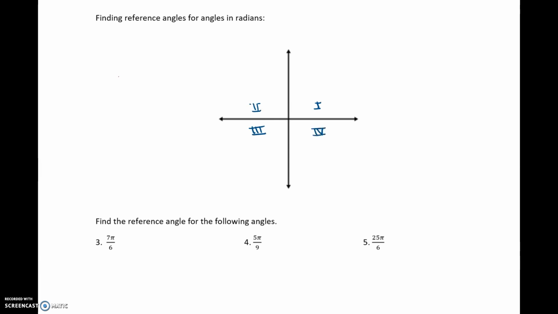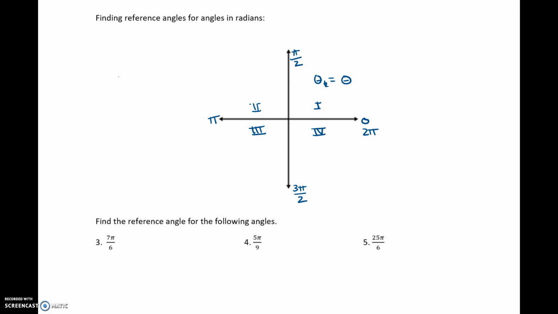Now, the breakdown of our quadrants for radians is going to go 0 to a half pi to 1 pi to 1.5 pi or 3 pi over 2 and then to 2 pi. So if it's between 0 and pi over 2, your reference angle is just going to be theta.